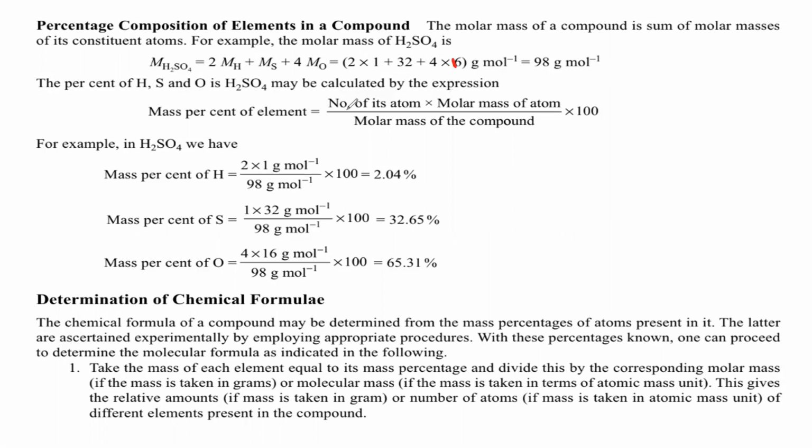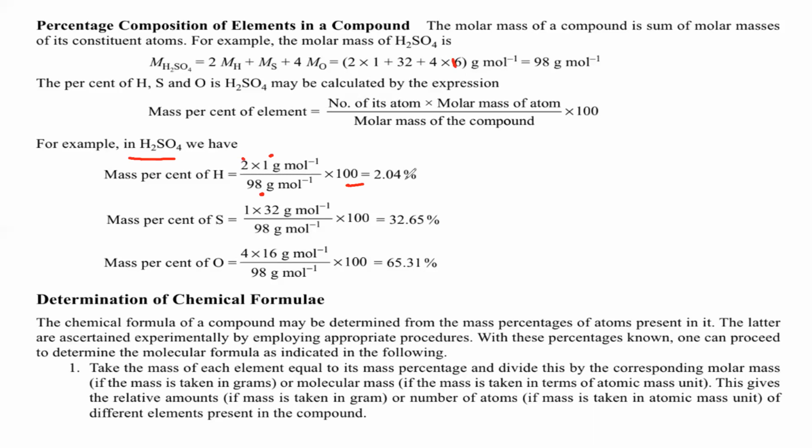So the percentage of hydrogen, sulfur and oxygen in sulfuric acid may be calculated using the formula: mass percent of element is equal to number of atoms of the element in the molecule into molar mass of the atom, divided by molar mass of the compound, into 100. Let us see, for example, the mass percentage of hydrogen. The number of hydrogens in sulfuric acid we know already is 2, so 2 into the mass of one atom of hydrogen, which is 1, divided by the molar mass of the compound, 98, into 100%.